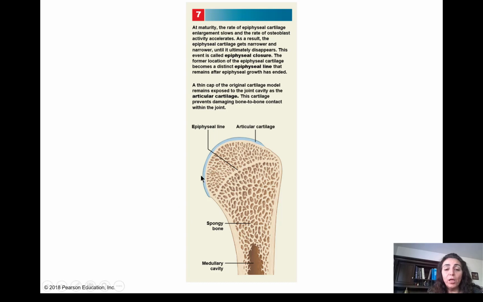As you can see here, this is the articular cartilage, a hyaline cartilage that has remained here. And when the whole metaphysis and epiphyseal plate has become bony, now we call it the epiphyseal line, and that is the time that we can say that the epiphyseal closure has happened.